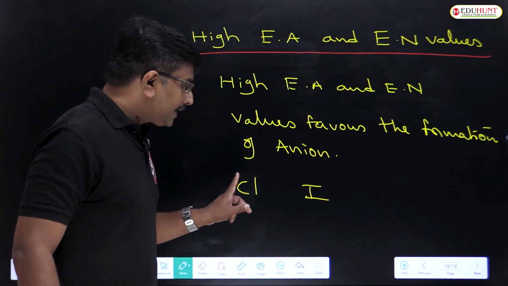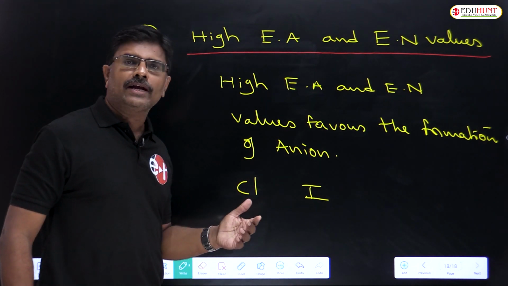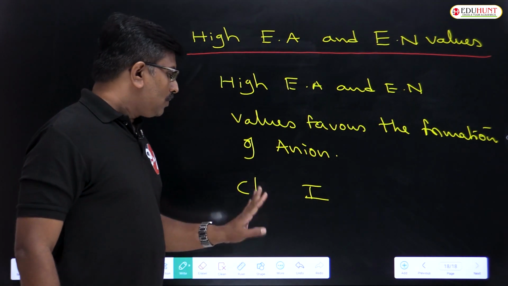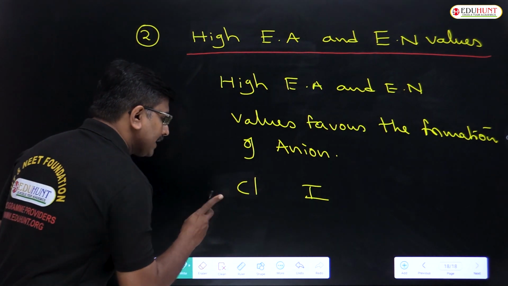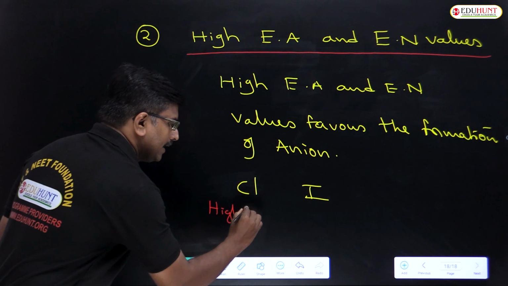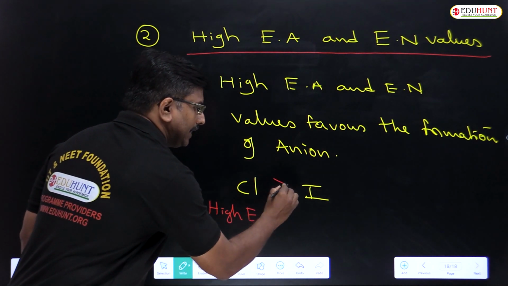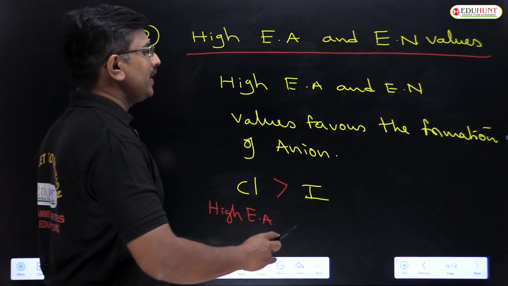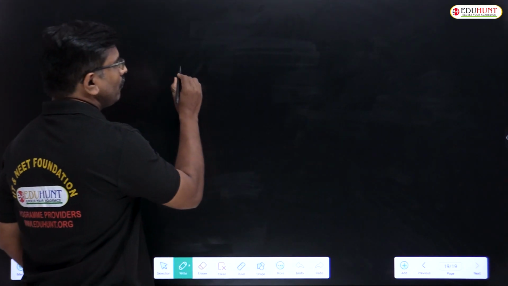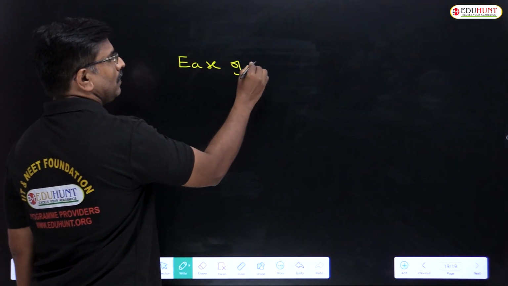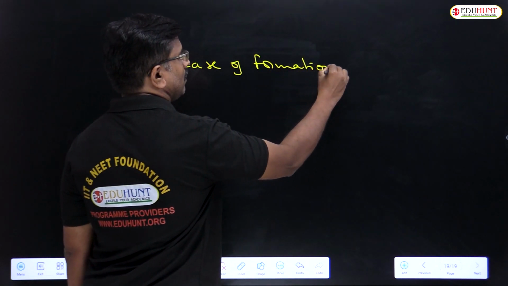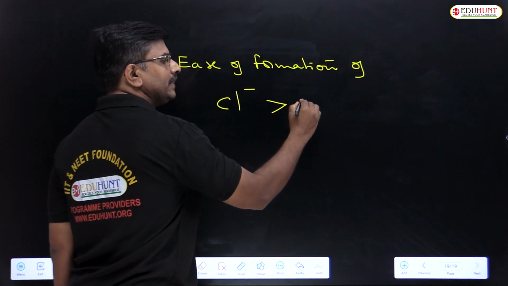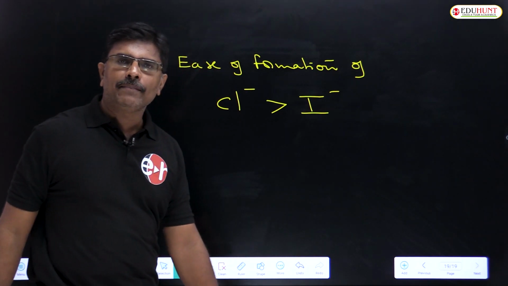The electron affinity of chlorine is very high, which is in fact the highest among all the existing elements, remember. Because chlorine is having higher electron affinity than iodine, automatically the ease of formation of Cl minus is more than the ease of formation of I minus.